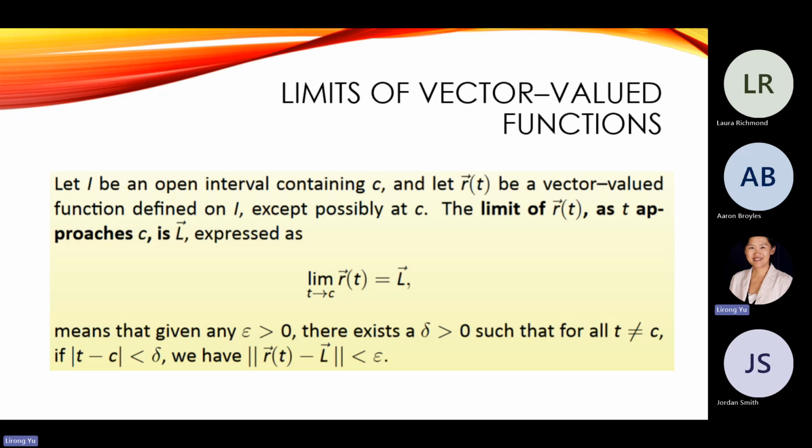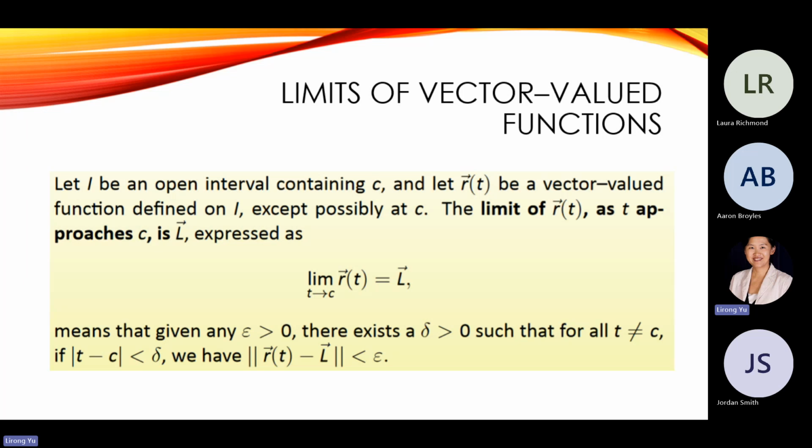Here we're defining the epsilon-delta definition for the limit of a vector valued function. Suppose r(t) is a vector valued function, and let's define the limit of r(t) as t approaches the number c.